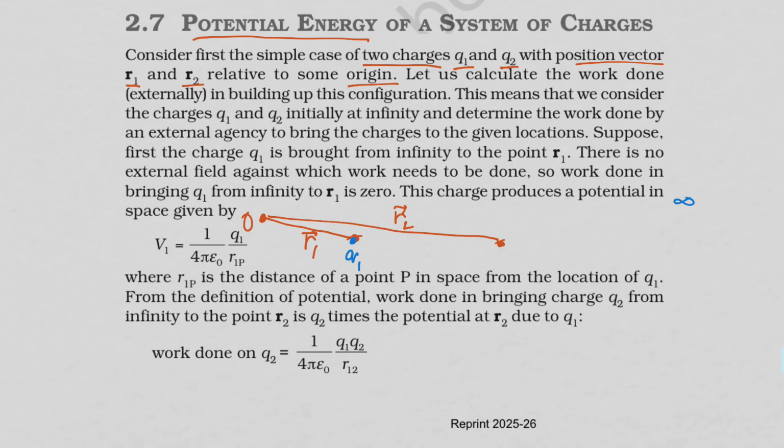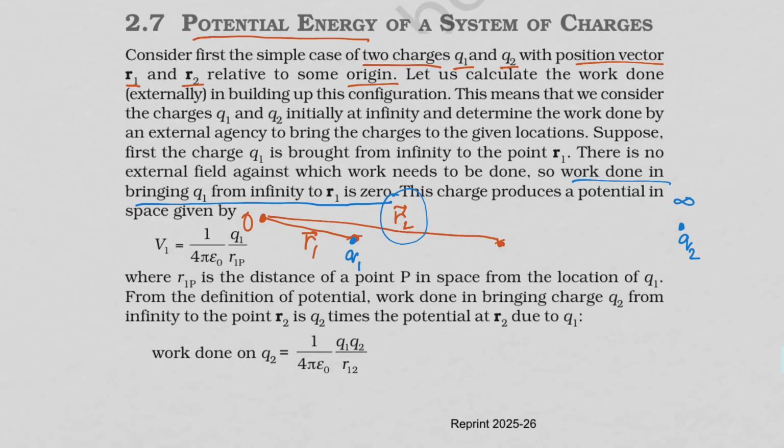As we know, the work done in bringing Q1 from infinity to R1 is 0, so for this we have done nothing. But to bring the other charge, Q2, from infinity to the point where the position vector is R2, we have to do some work.